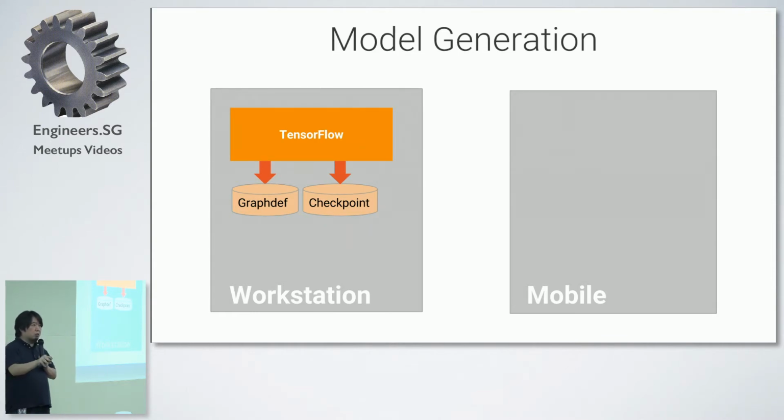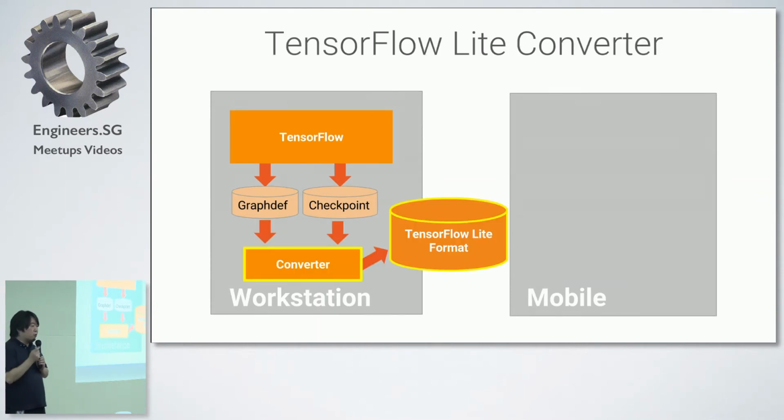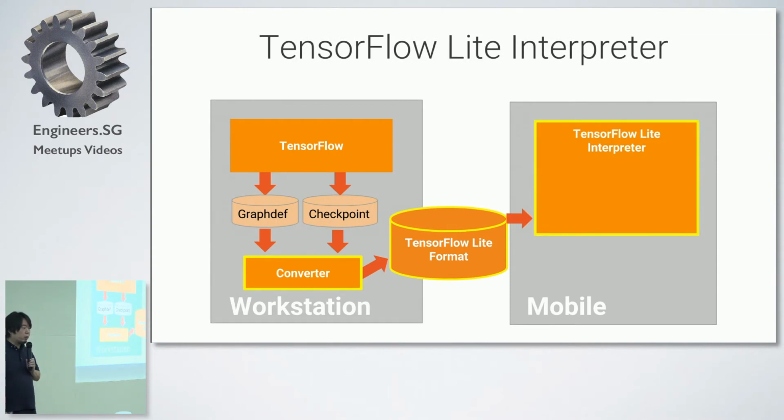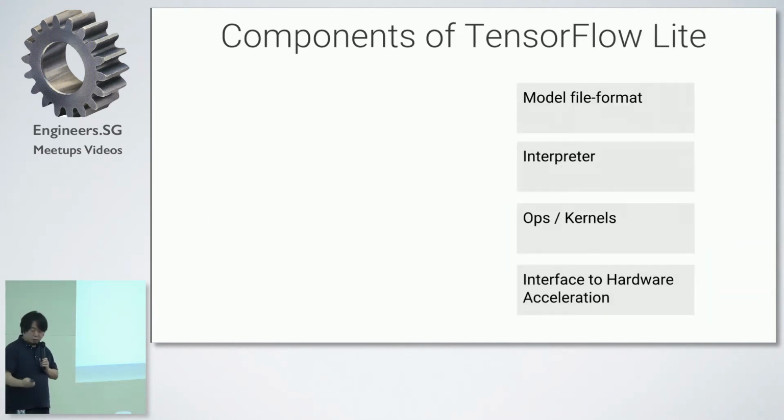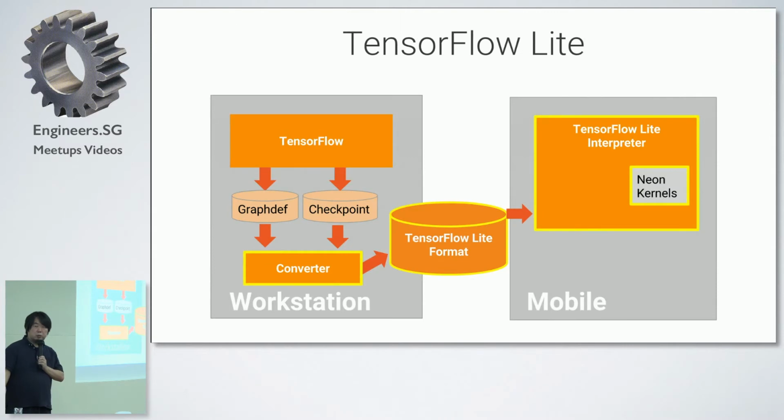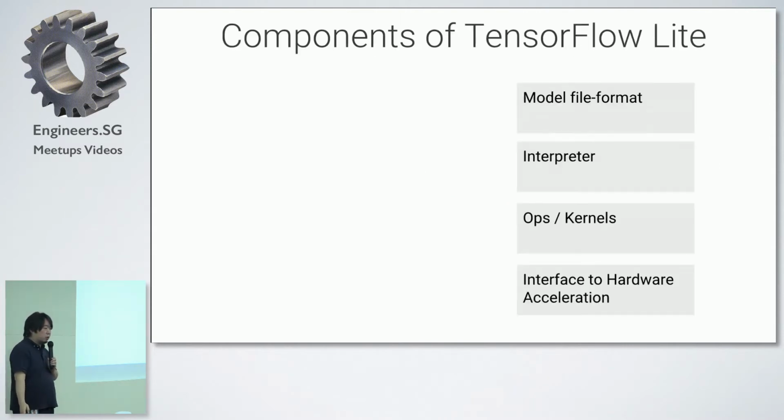But you can start using the ordinary TensorFlow development environment, like cloud virtual machines or your on-premise GPU device, to define and train your TensorFlow model, and then use the converter to generate the TensorFlow Lite format data. And then you can run that model on the interpreter, which has hardware support from the chipset vendors.